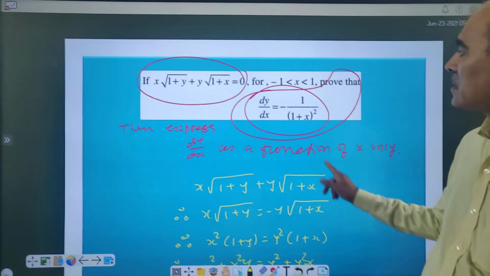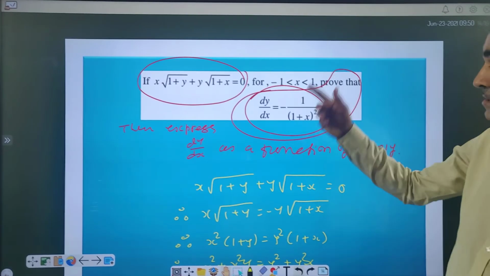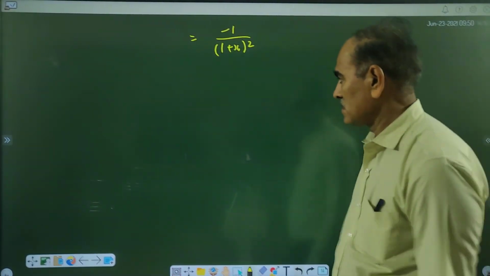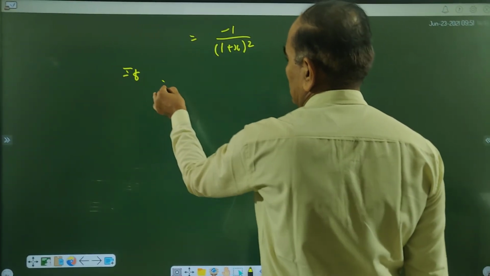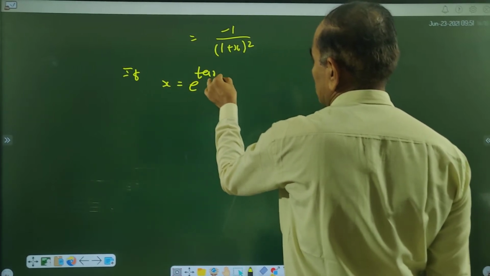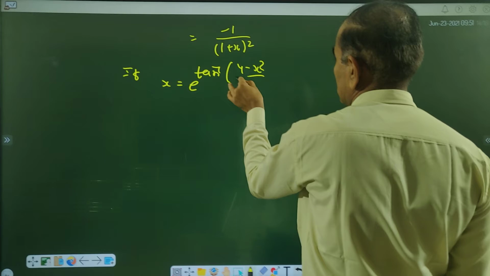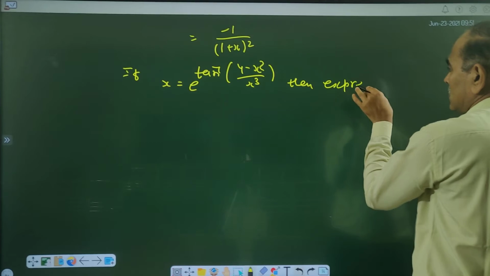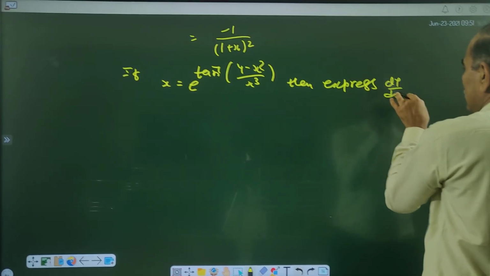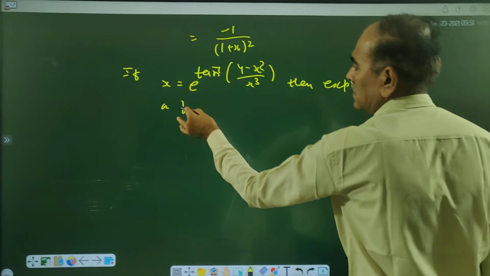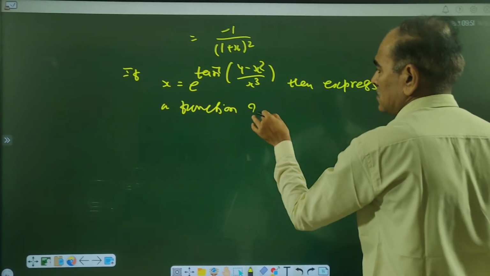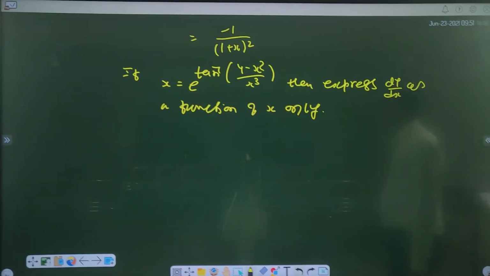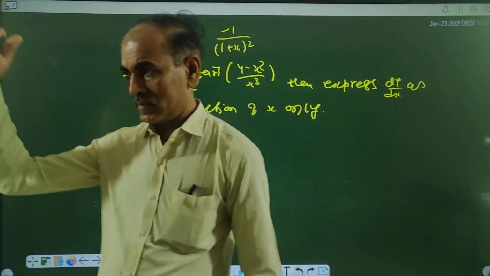What we want is in terms of x. This type of sum, I would like to take one more extra example. If x is equal to e raised to tan inverse y minus x square over x cube, then express dy by dx as a function of x. This is a board sum asked in previous years.